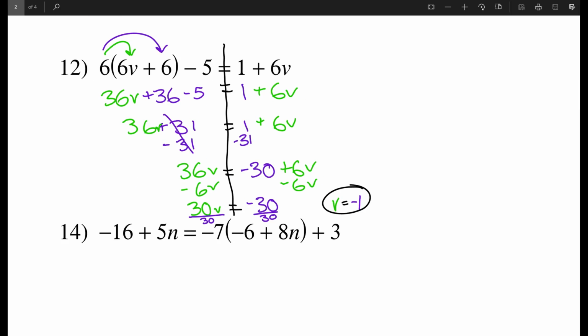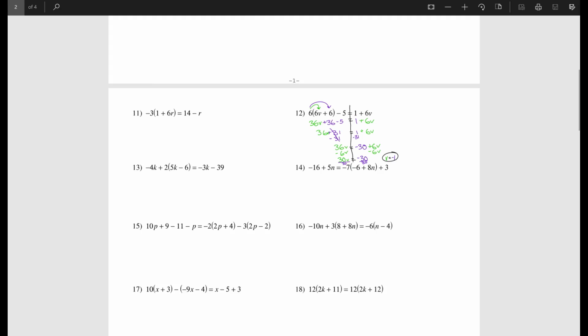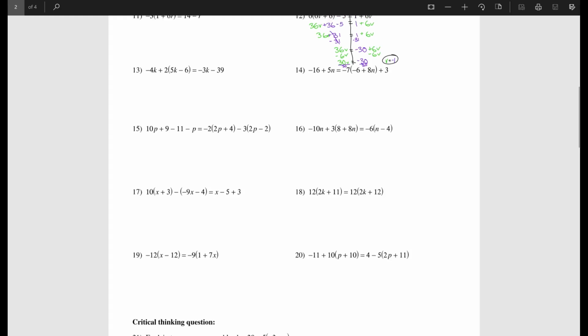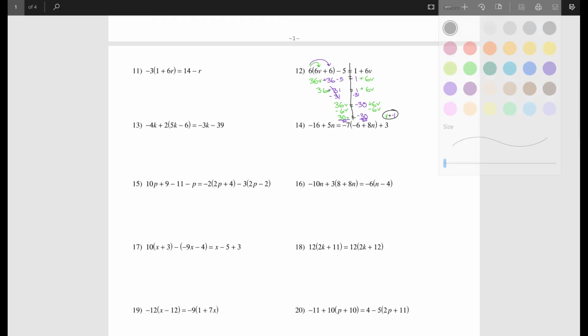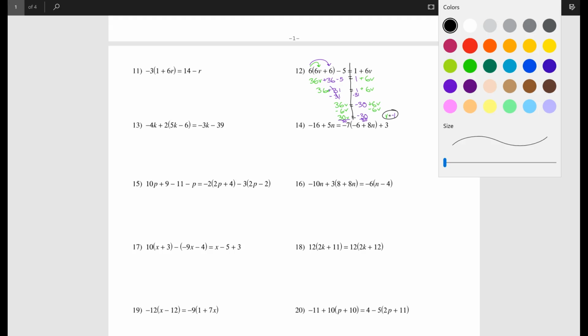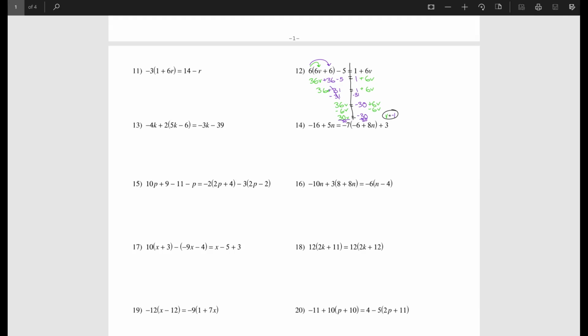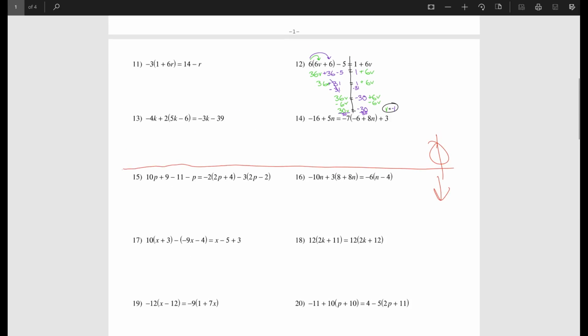Using that, your job is to complete the rest of the page. There is one quick rule about this though. That rule is this. If you are a phi, phis are completing 15 through 20.